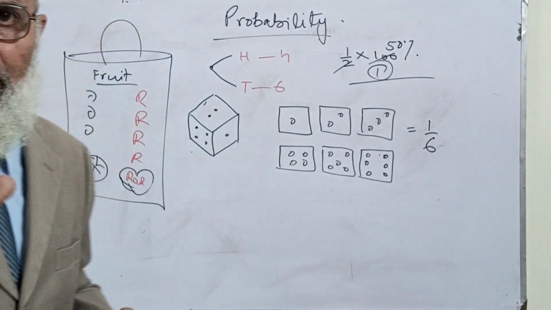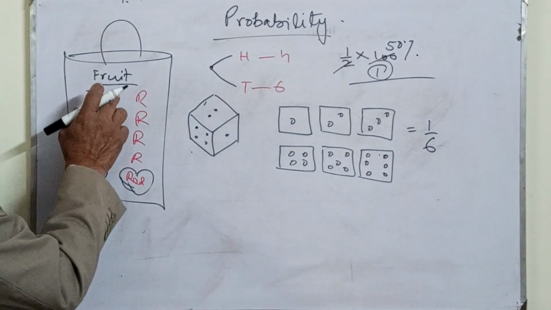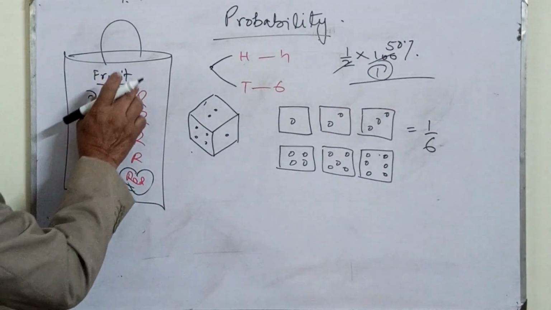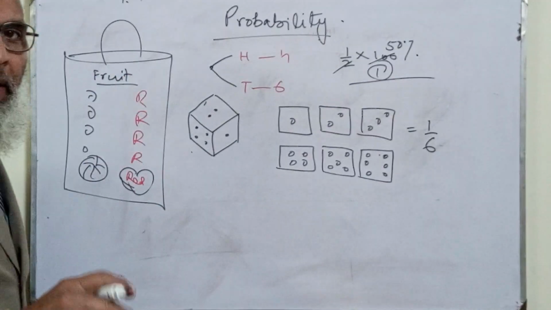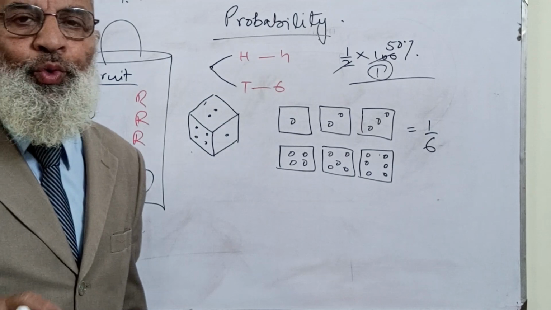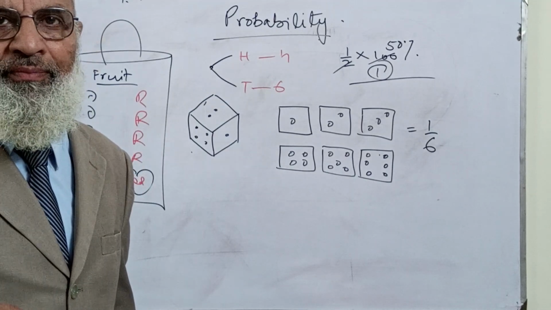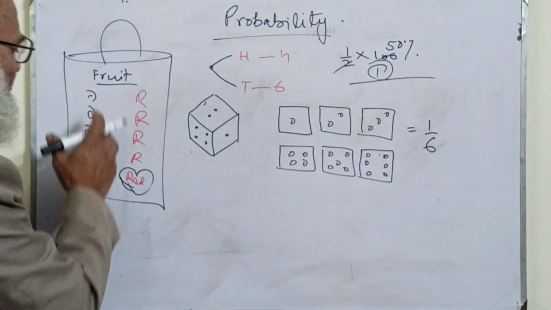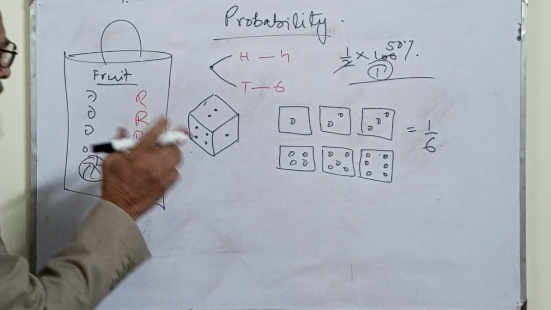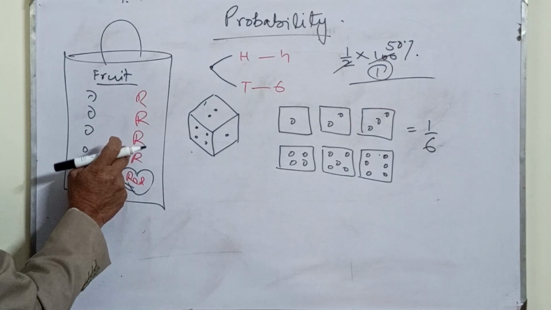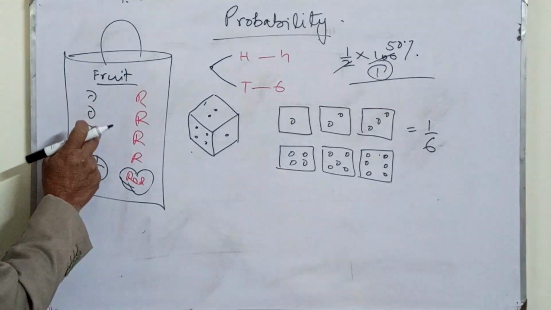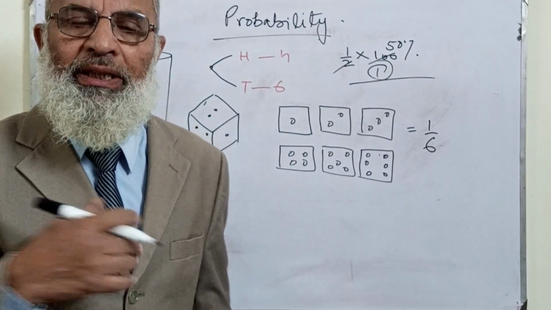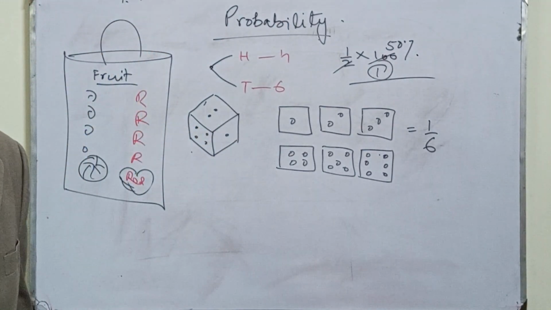But now listen to my point carefully. When at random I want to fetch an apple from the basket, how many things are there? There are 1, 2, 3, 4, 5, and 1, 2, 3, 4, 5. There are 10 fruits in this basket.